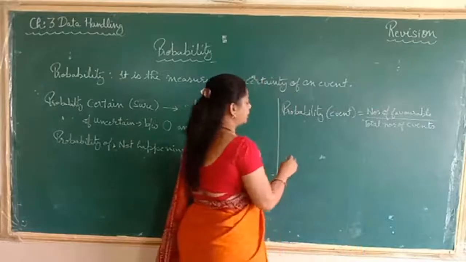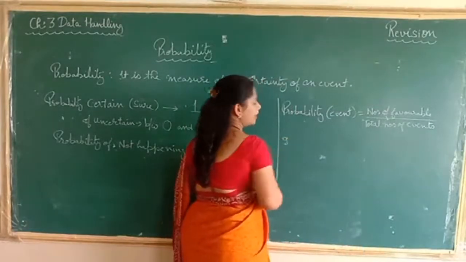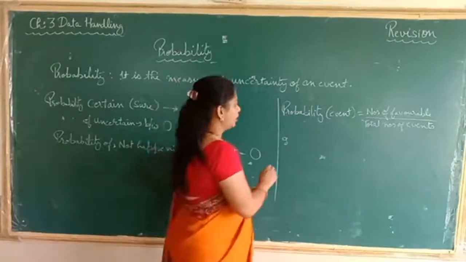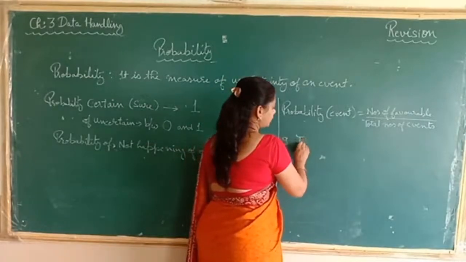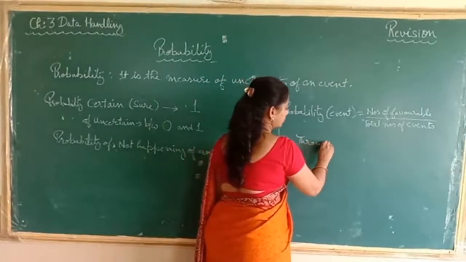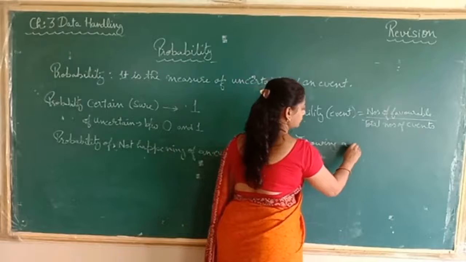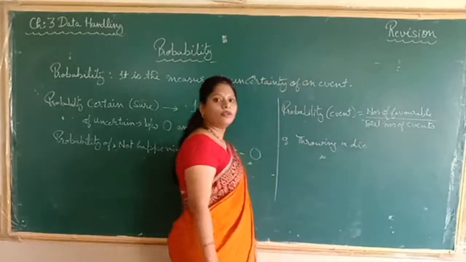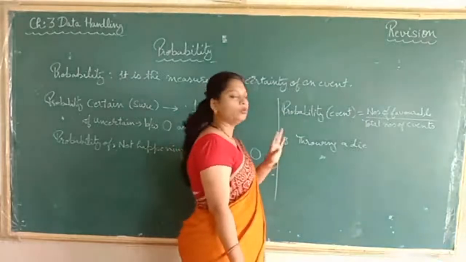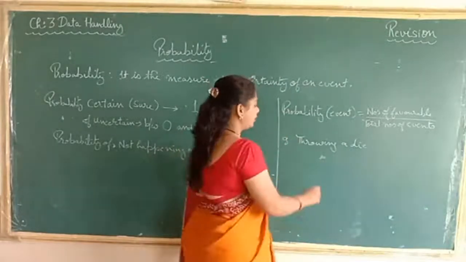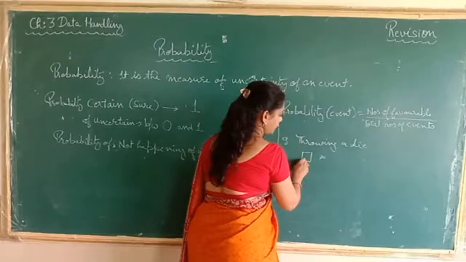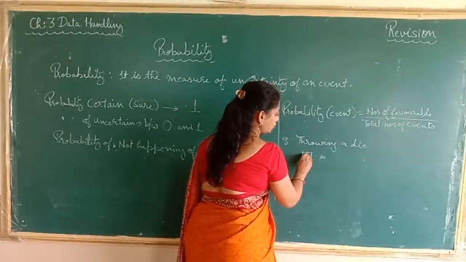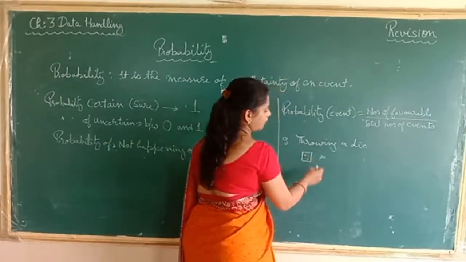Now through an example we can understand. If we are throwing a die, and what we want is 2 in that particular die. We want only 2 here.